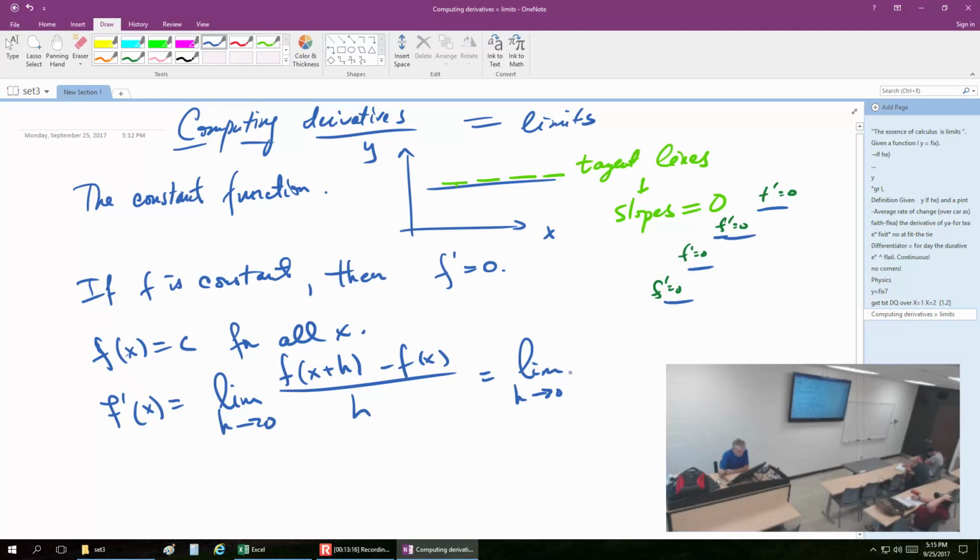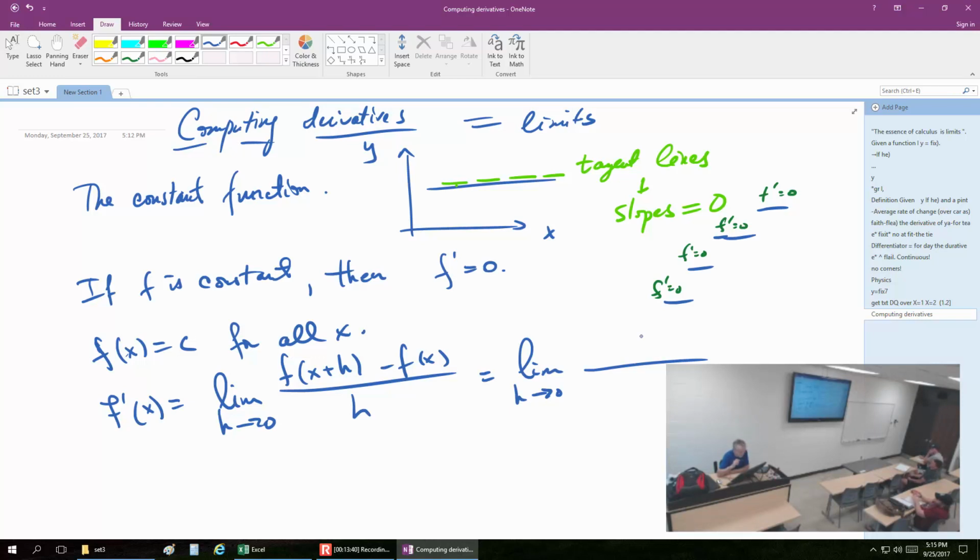So what's the numerator? C plus h. Yeah, so f of... no. C is the value, it's not the input, it's the output. C plus h minus c over h.